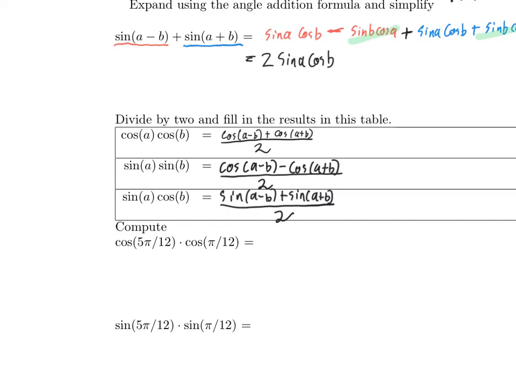Cosine of 5 pi over 12 times the cosine of pi over 12 will be equal to the cosine of A minus B plus the cosine of A plus B, all over 2.